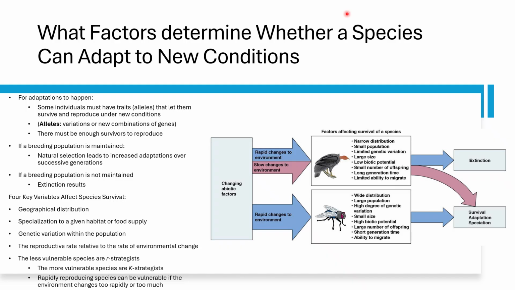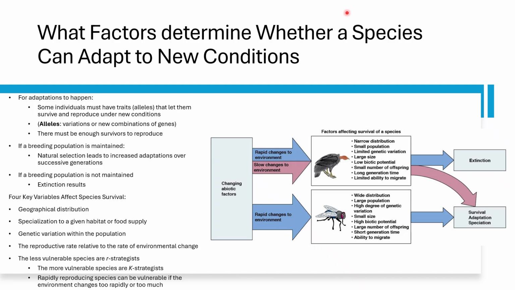If you have a breeding population, then natural selection can lead to an increase in the frequency of those adaptations in the population in successive generations. If that population cannot be maintained, that population will go extinct.